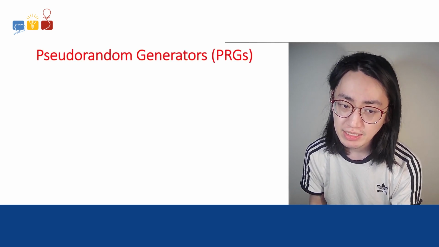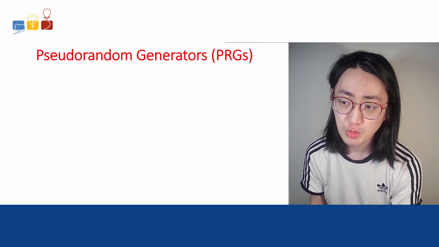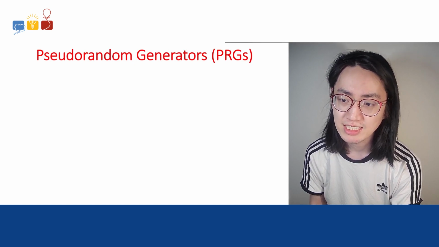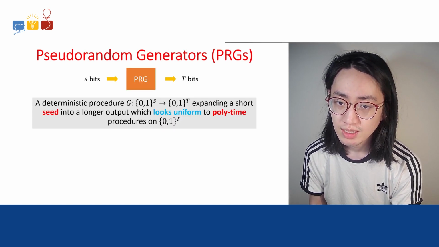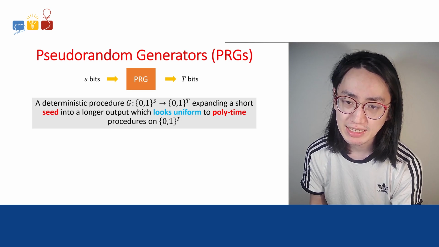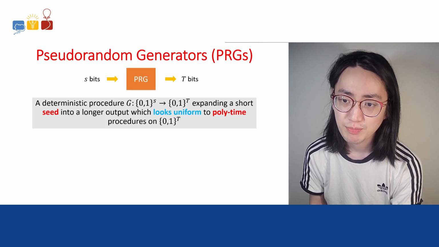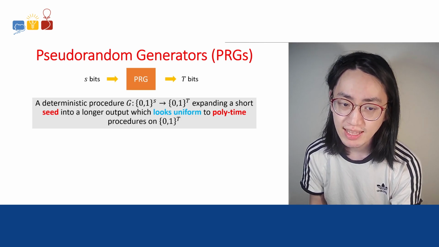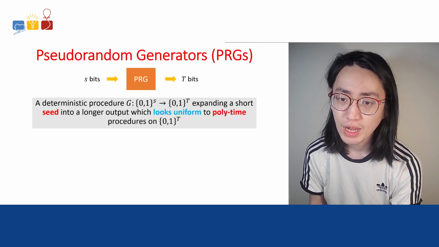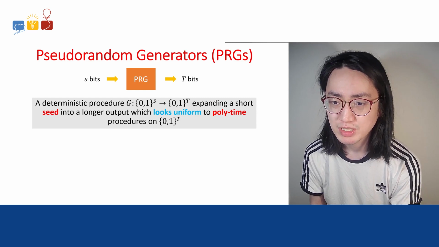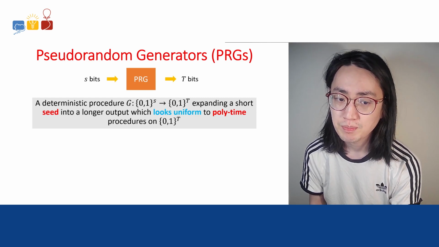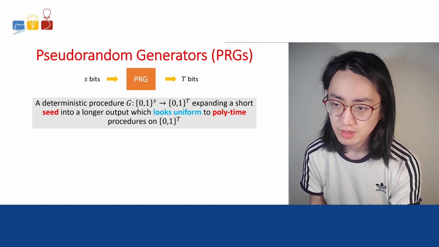We begin by introducing the concept of pseudorandom generators, or PRGs. Formally, a PRG is a deterministic procedure which expands a short seed of length s into a longer output which looks uniform to polynomial time procedure on t-bit random input.